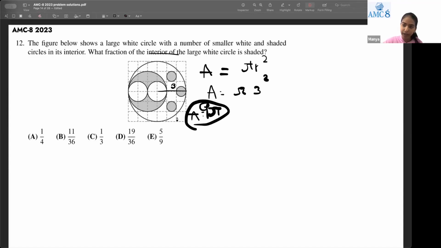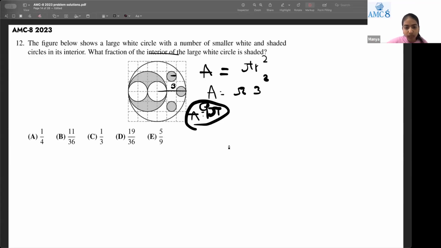Well, to find the shaded area of the inner circle, we'll have to do that. We know that for each of these small circles, this one, and this one, to find the area of that, we know that the diameter is equal to 1, right? Because each of these squares is just 1 by 1. So the radius, half of that, would be 1 by 2, right? Because half of 1 is just 0.5, which is 1/2.